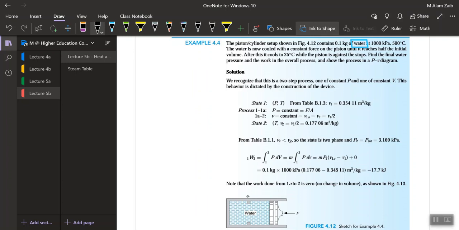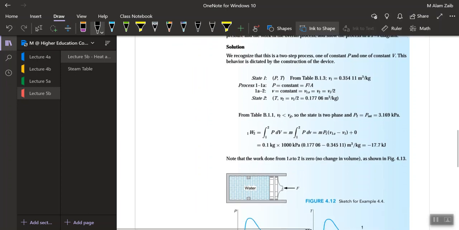After this, it is cooled to 25 degrees centigrade while the piston is against the stop. Find the final water pressure and the work in the overall process. Show the process in a PV diagram. This is a problem of water, so we will be using the steam table.